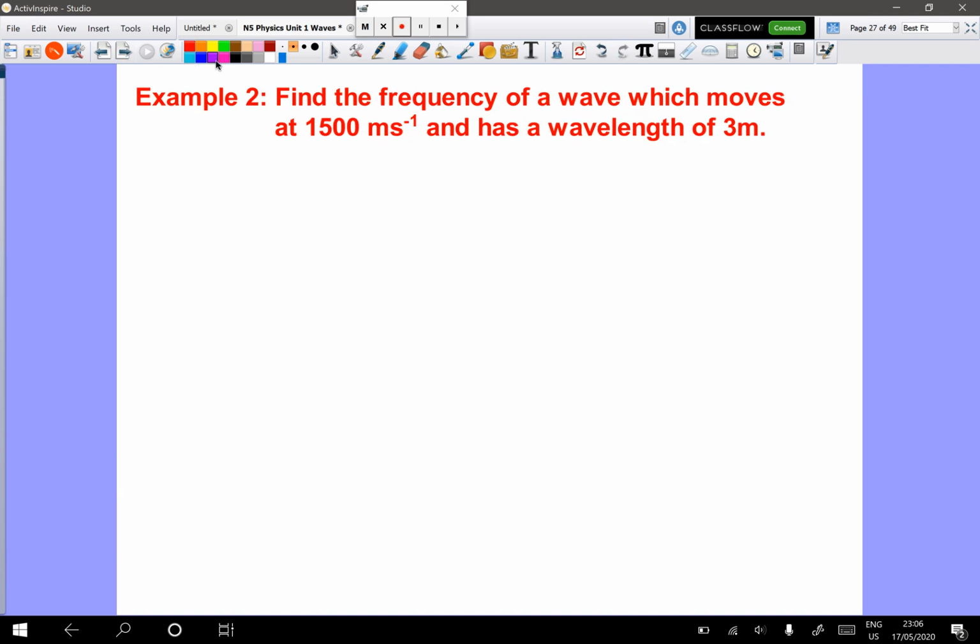Example 2. Find the frequency of a wave which moves at 1500 meters per second and has a wavelength of 3 meters. So we know that v is 1500 meters per second. Lambda for wavelength is 3 meters. F is our unknown this time. Now what I'm going to get you to do here is just write out the equation as it would be from the equation sheet. So we'll just write v equals f lambda before we do any rearranging.